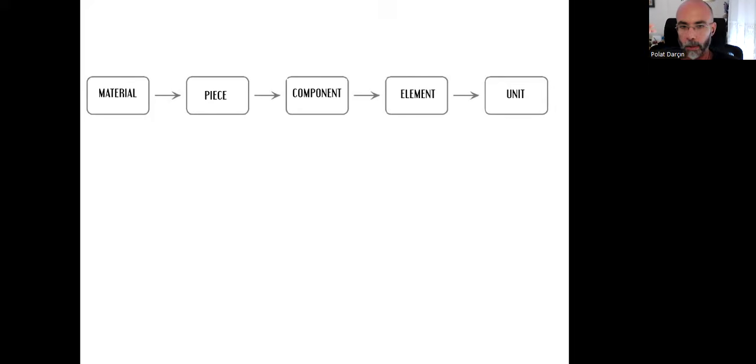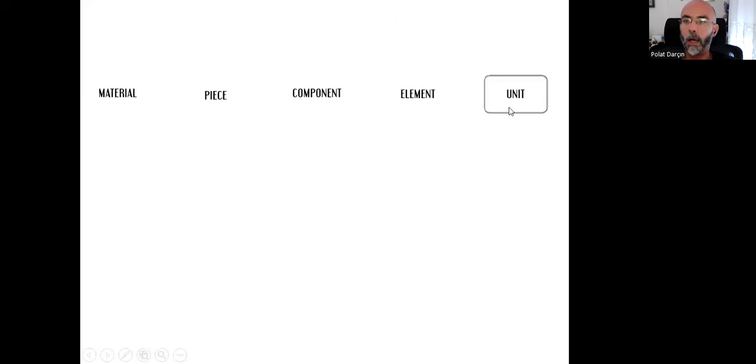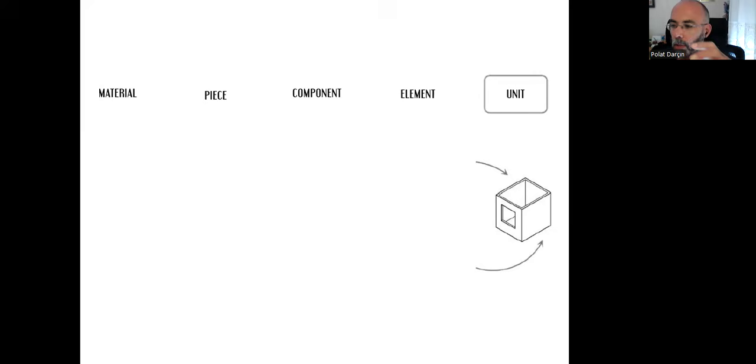As you can see here, we have 5 levels: materials, pieces, components, elements, and units. Units are the biggest one. Here, a room, a bedroom, a kitchen, or a corridor. These can all be different units of a building, and a building may include lots of different units.